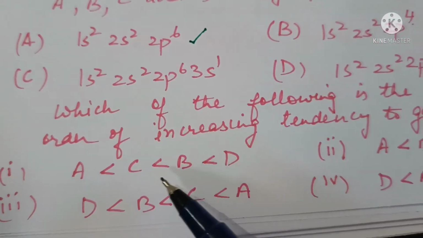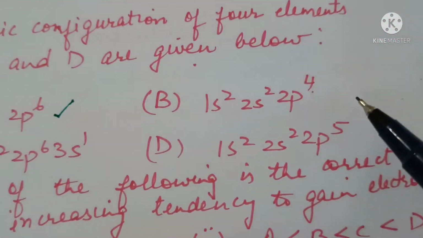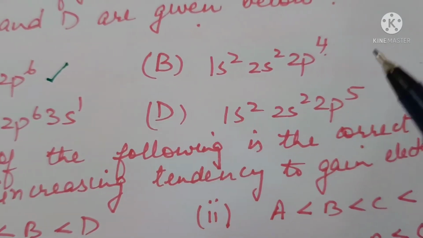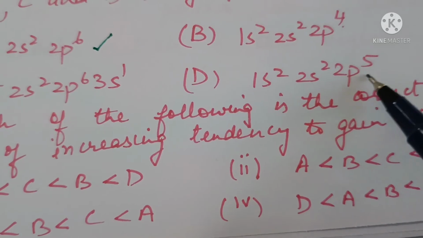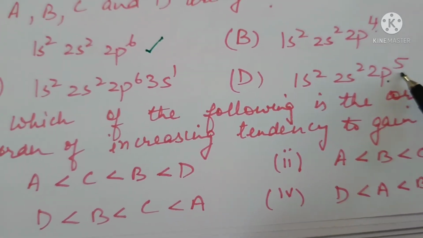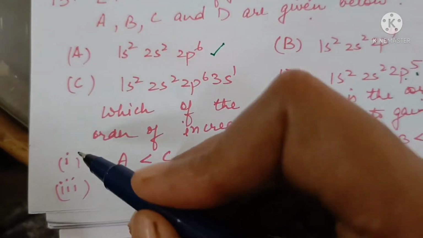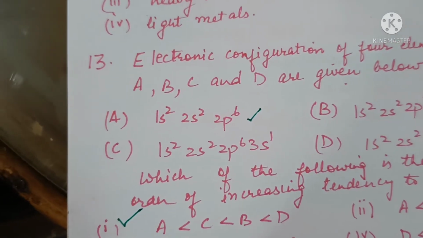So after A, C has more electron gain enthalpy. Then out of B and D, D will have the maximum electron gain enthalpy because only one electron is needed to be filled to acquire a noble gas configuration. So this option 1 is the correct answer.